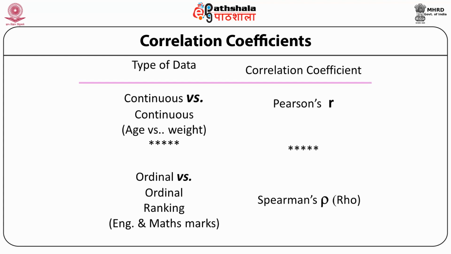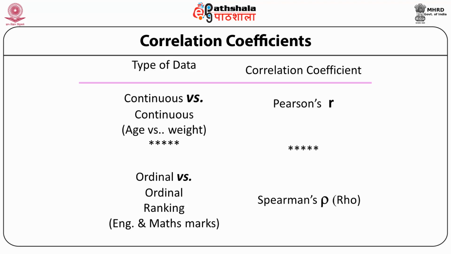Then the third situation is continuous versus continuous. There are two types of this data. Then Pearson correlation coefficient is the best alternative. If it is ordinal by ordinal, then Spearman rank correlation has to be seen.